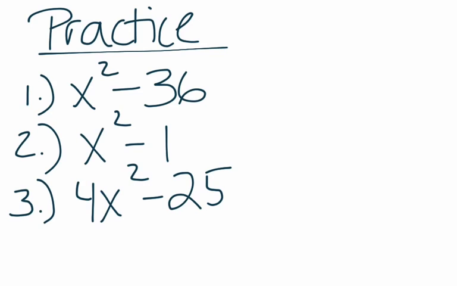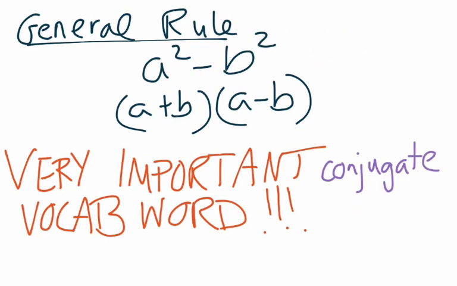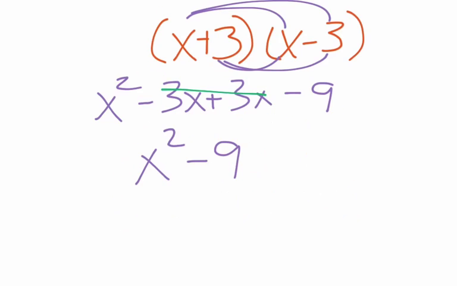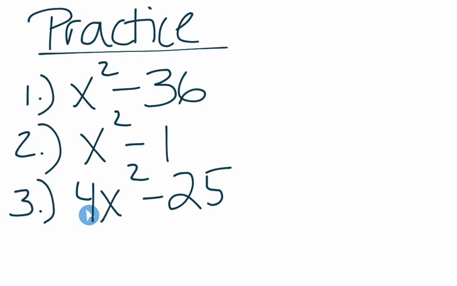So this one does not look like the other ones in the lesson, and I'm totally aware of that. But go back to what I said about figuring out what times itself gives you whatever you're looking at. So you're going to think, what times itself gives me 4? What times itself gives me x squared? What times itself gives me 25? And then see if you can figure it out.